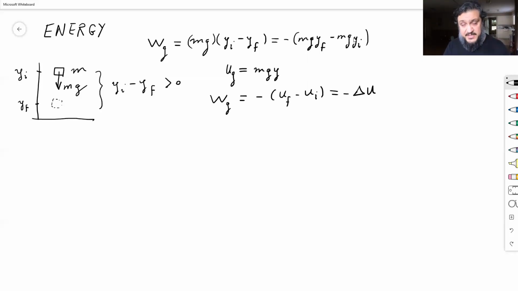Okay, so you associate conservative forces with some potential energy, and that's something you already know from mechanics, from physics 1.